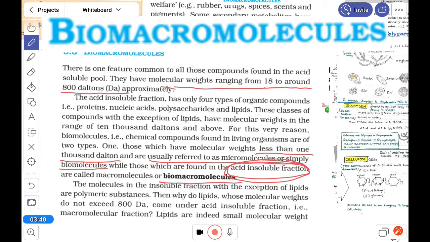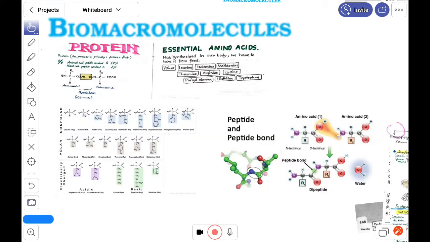So let's discuss biomacromolecules one by one. At first comes protein. Proteins are polypeptides. Already the different types of amino acids, 20 or 21 different types, have been discussed.